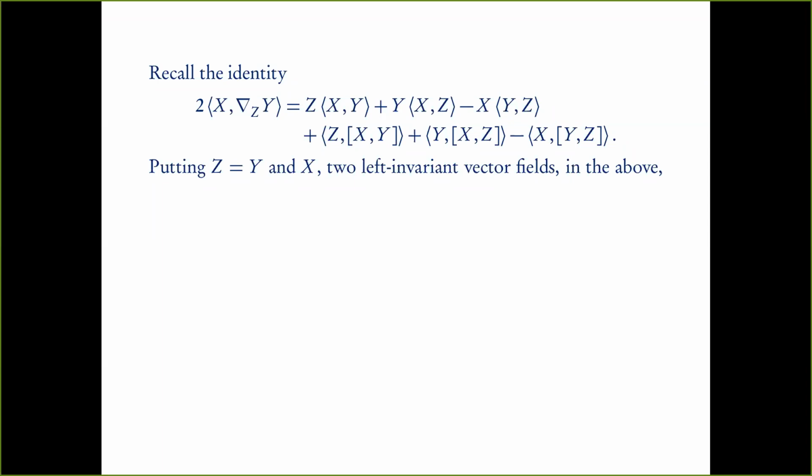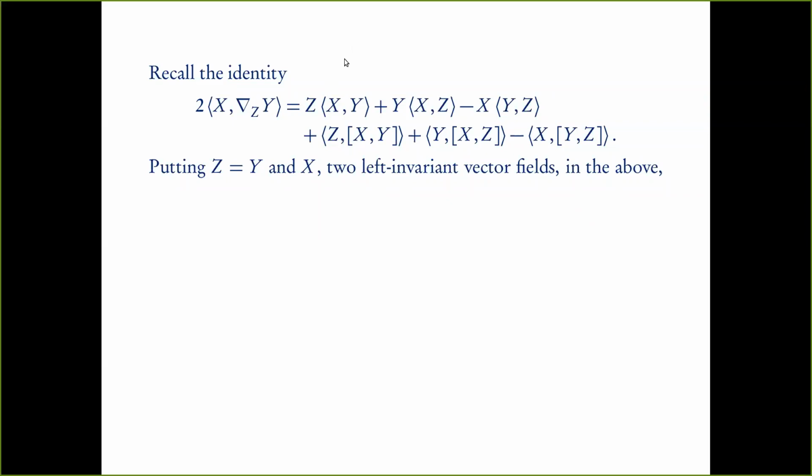Because of left invariance, this is just x at e and y at e. If you want to evaluate <x, y> at g, that is <x_g, y_g>, but x_g is dL_g of x_e, and y_g is dL_g of y_e. But because of left invariance, this is nothing but <x_e, y_e>, and that is a constant because x at e and y at e are fixed.